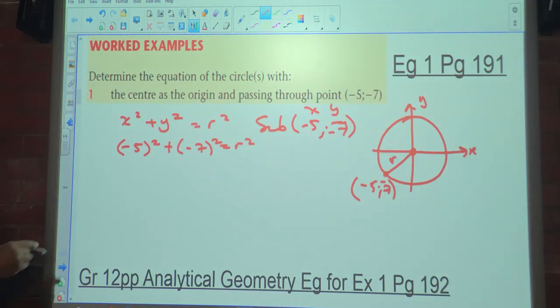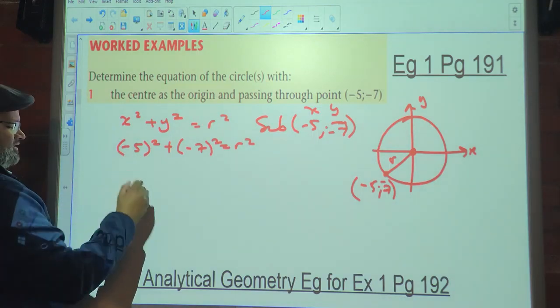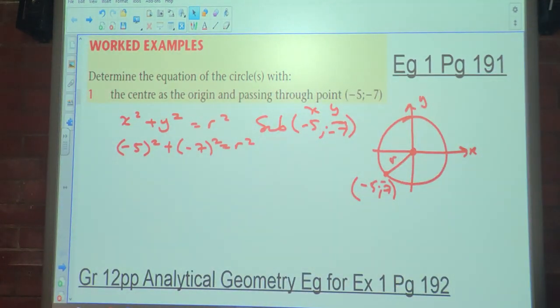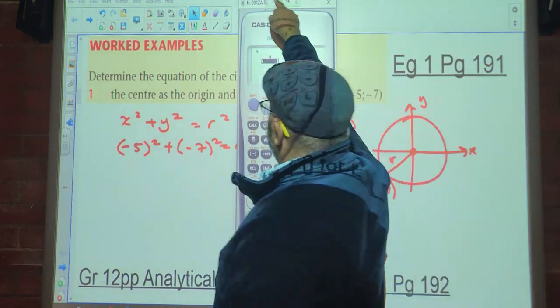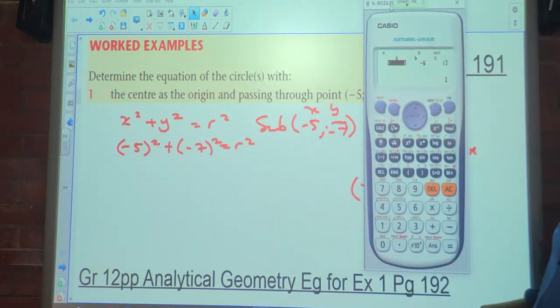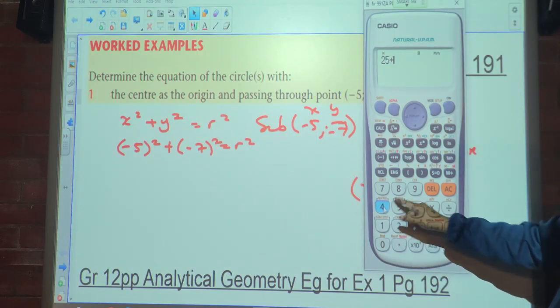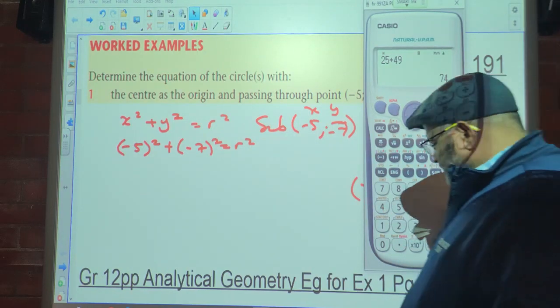You all agree with that? So that's going to give you 25 plus 49. Okay, so 25 plus 49 is 74.